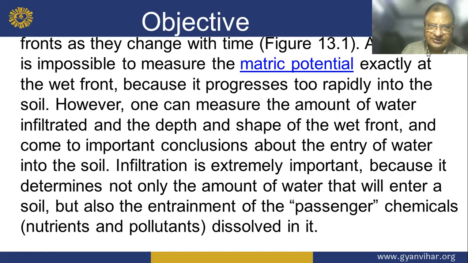At present, it is impossible to measure the matric potential exactly at the wetting front because it progresses too rapidly into the soil. However, one can measure the amount of water infiltrated and the depth and shape of the wetting front, and come to important conclusions about the entry of water into the soil.